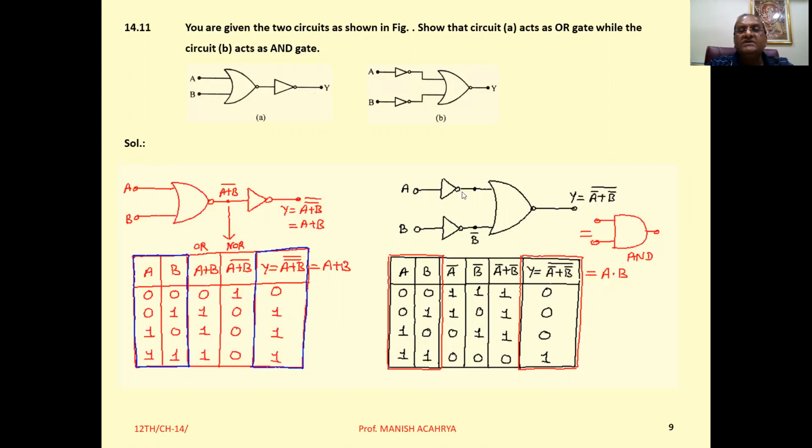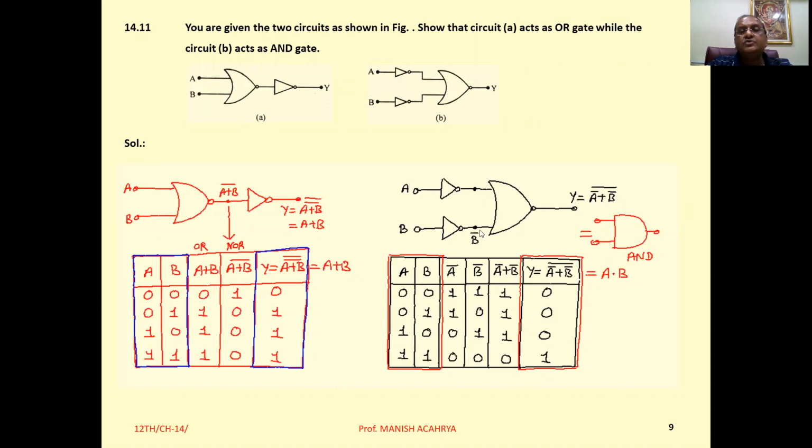Now here both these NOT gates will give you the outputs. So here first one, A to not A, that is 0 to 1, 0 to 1, 1 to 0, 1 to 0. Then for B, 0 to 1, 1 to 0, 0 to 1, 1 to 0.